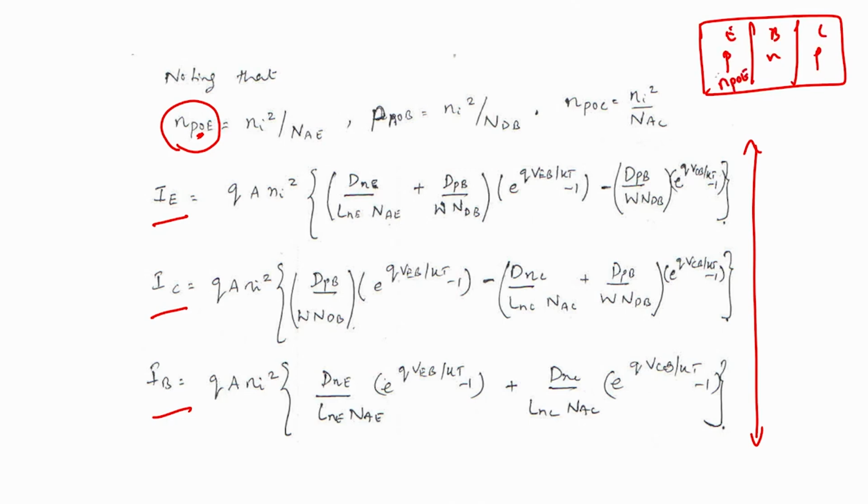NPOE is the number of electrons at equilibrium, which is Ni square by the acceptor doping concentration of the emitter. So, this is quite large, and therefore, NPOE is expected to be quite small. Similarly, PNOB is Ni square by NDB, PNOC is equal to Ni square by NAC, and therefore, we just substitute that and we get expressions of this kind. Okay, so, it is just substituting that and summarizing the collector, emitter and base currents.